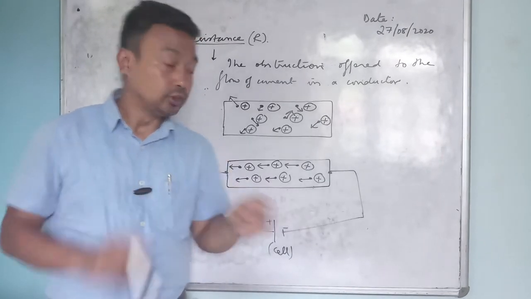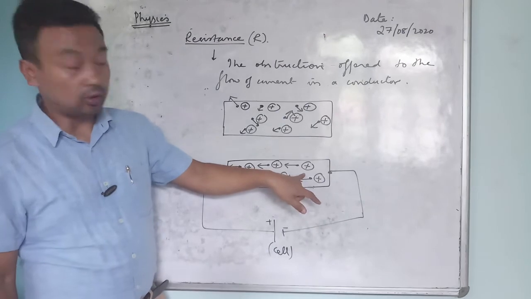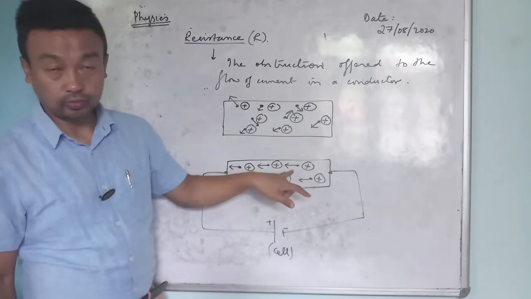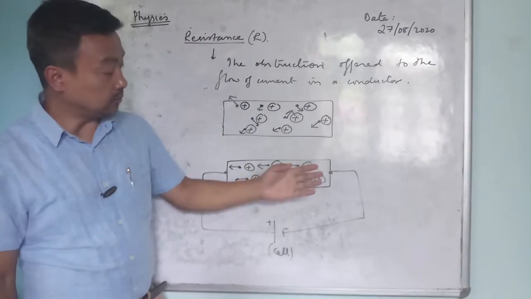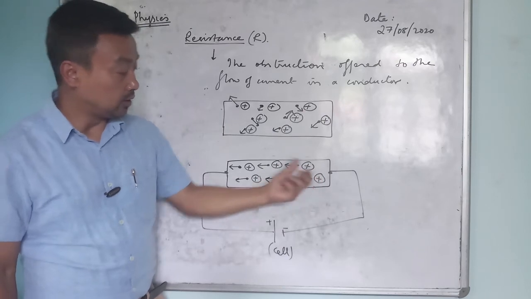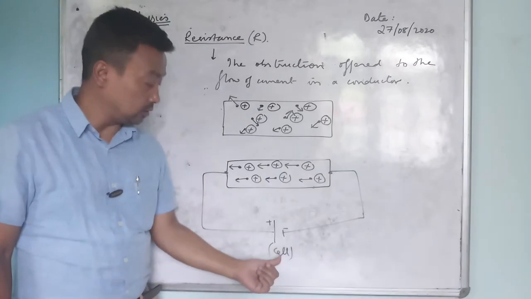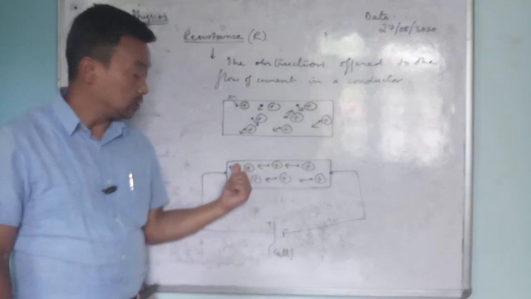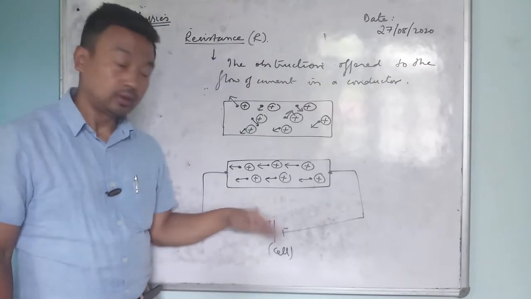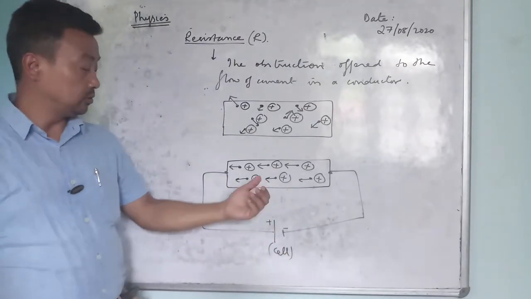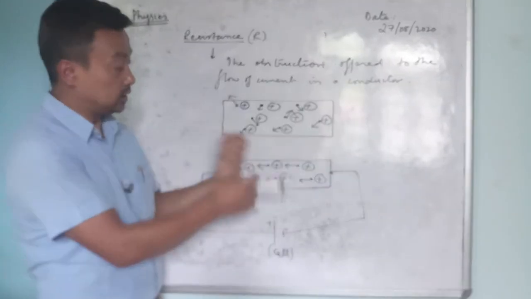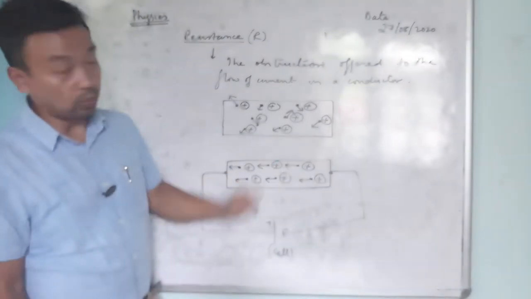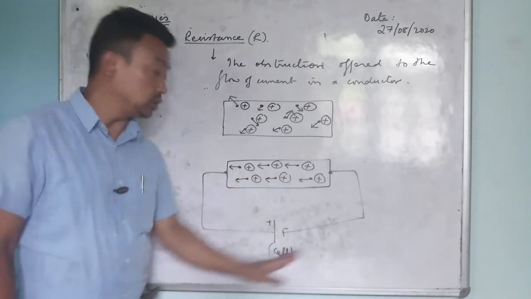It is because the energy is lost due to the collision. Then again the speed increases, again they collide, again the energy is lost, and again the wire gets heated. So this process will continue.